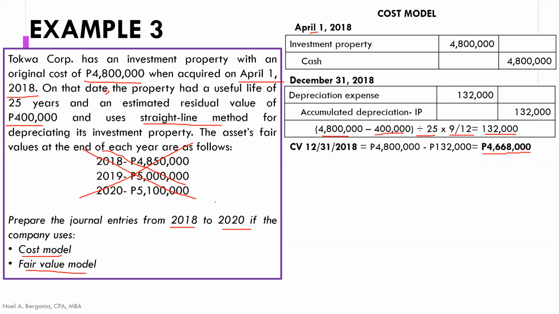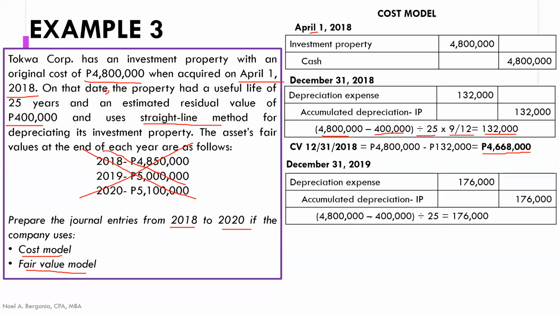To continue, we will again depreciate on December 31, 2019, and at this time it is a whole year. The whole year depreciation was 176,000, the depreciable cost of 4,400,000 divided by 25 years. That's our depreciation for 2019.